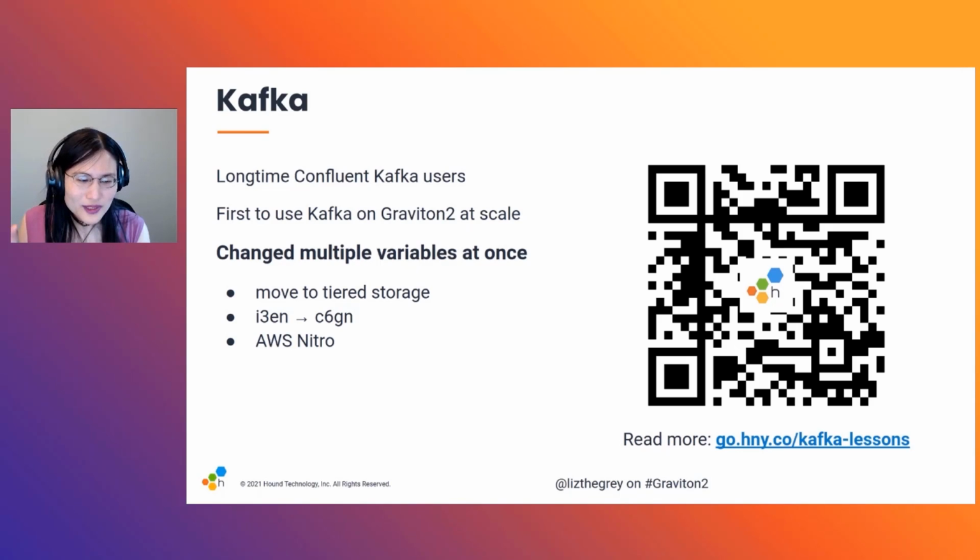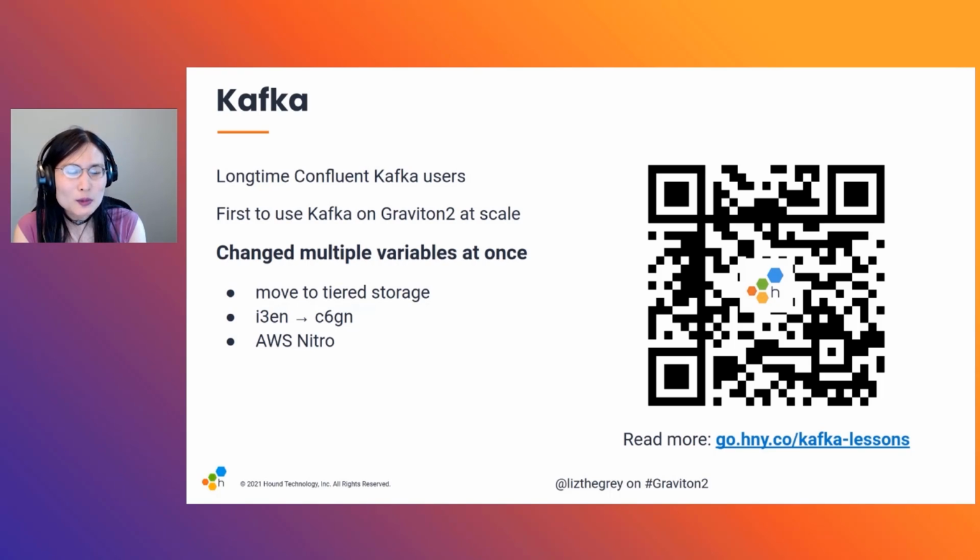And then finally, one of the last pieces that we went after was the Kafka path, the last piece in that data storage flow of having that storage piece between our ingest workers and our indexing workers. So we've been using Confluent Kafka for a very long time, but on i3 Intel instances.